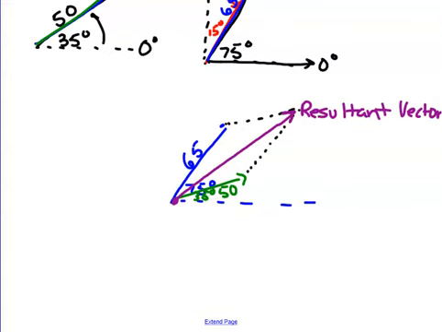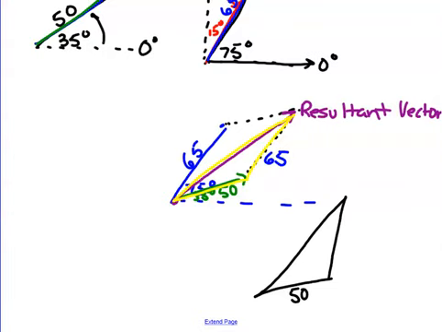Okay? So I'm going to try to highlight this triangle here. This triangle is what I have information for, because if that blue vector is 65, what's parallel to it, it's a parallelogram, also has to be 65. Now if I were going to redraw this triangle, I have 50, I have 65.